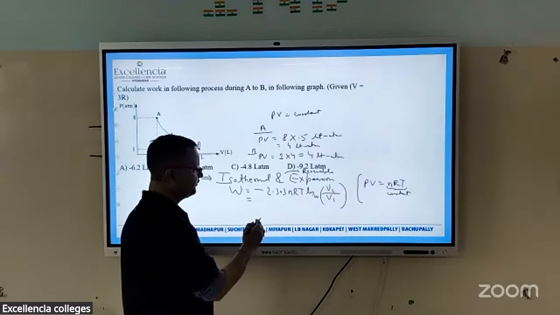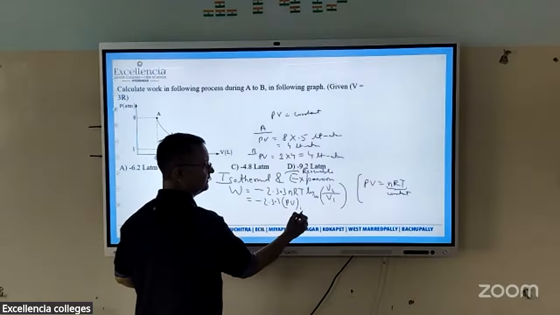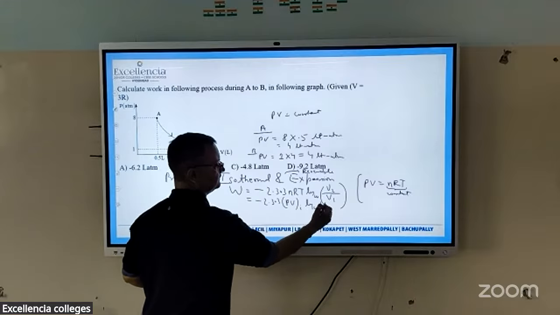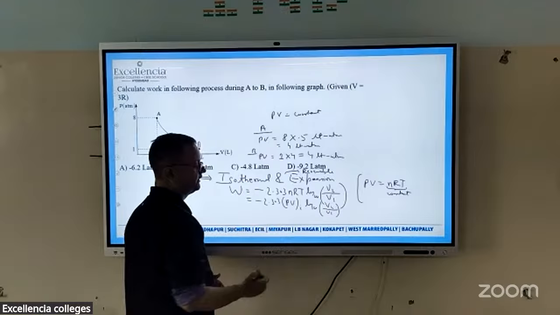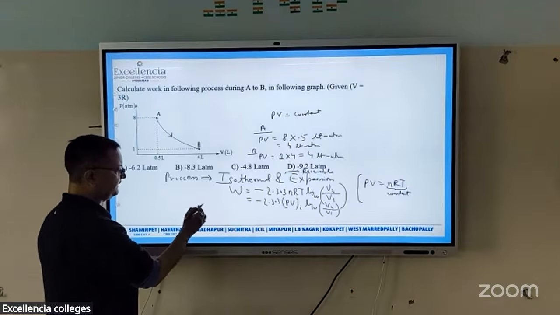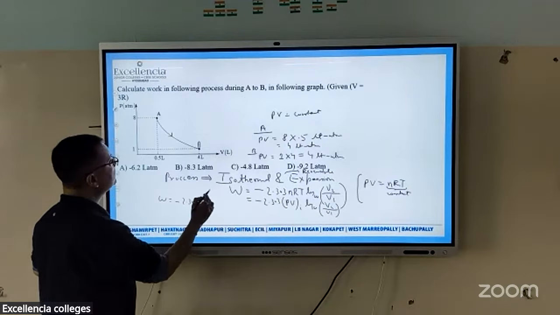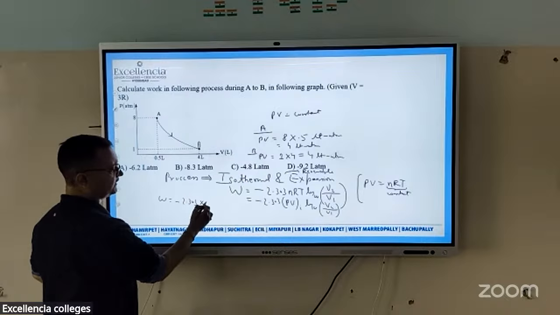So we can put here minus 2.303 into PV into log V2 by V1, and we can solve it. What is PV initial? Already we found 4 liter atm into log base 10 of V2 by V1.